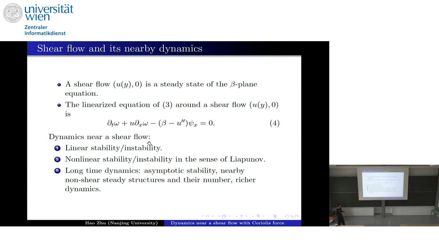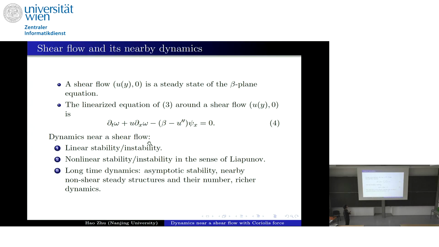And if the shear flow is nonlinearly stable in the sense of Lyapunov, then as time goes to infinity, it might converge to a non-shear steady state. So this gives richer long-term dynamics. And maybe there are some traveling waves.